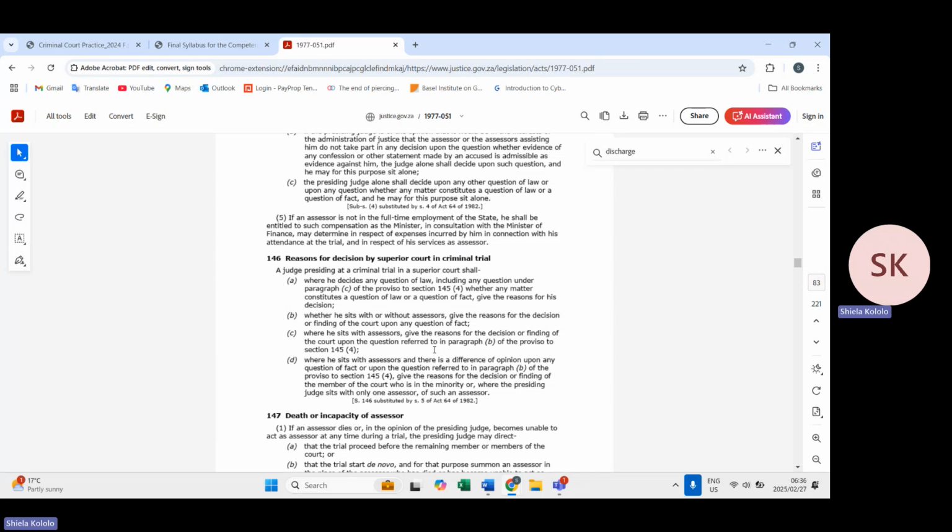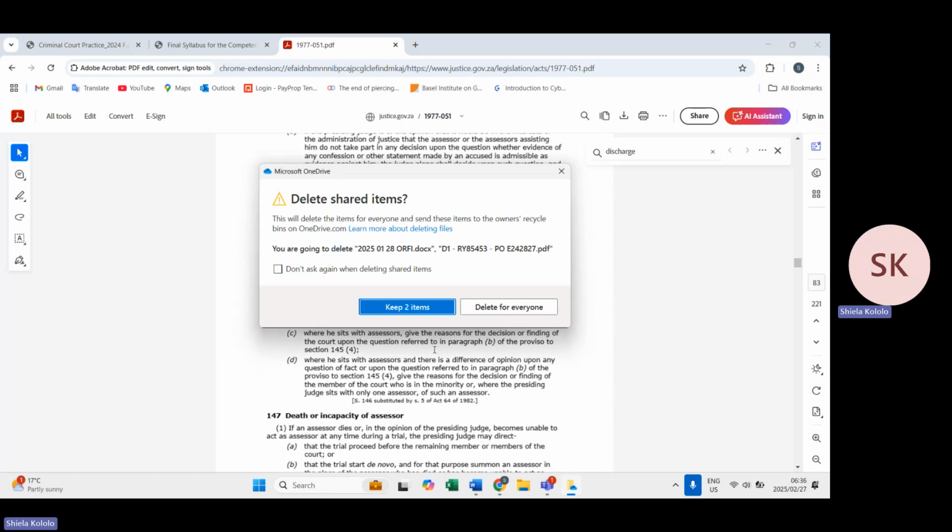In criminal trials, it is very crucial for the judge to provide reasons for their decision, because the transparency helps ensure that justice is seen to be done. The judge must always explain the rationale behind their decision, especially when deciding on matters of law or the outcome of the trial.